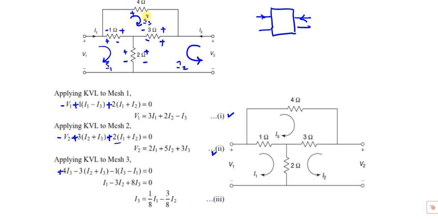They used minus, minus, minus. I am using what I get first: plus I am getting here, here also plus, here also plus. In this notation originally it was minus, minus, minus, and I am using plus, plus, plus. Both are correct. Multiplying throughout by negative will give the same answer.